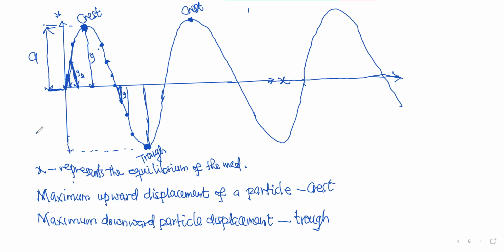But because it's below, along the negative x, it is negative A. Now we assume that for a free oscillation of a wave, a free oscillation is a continuous wave, everywhere.